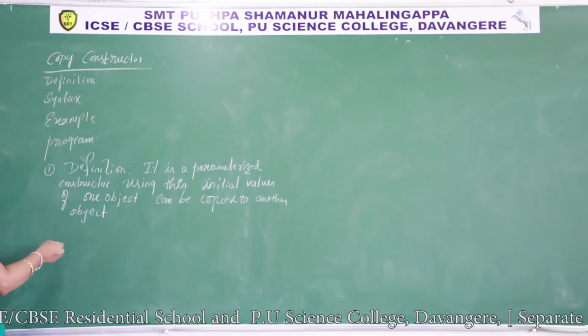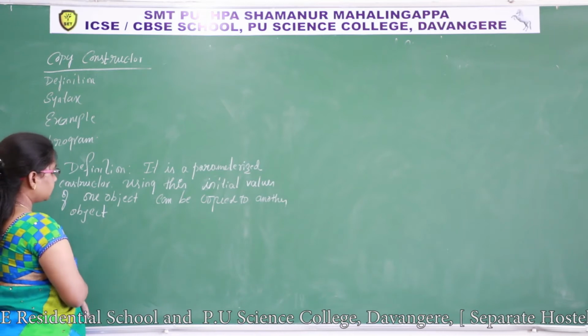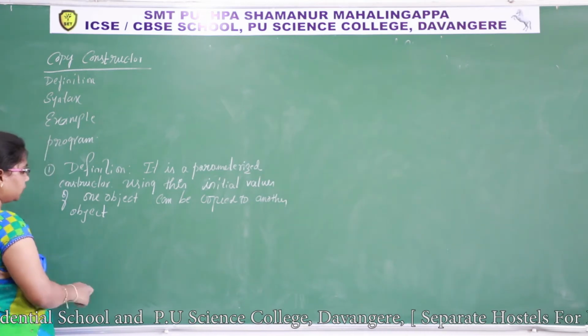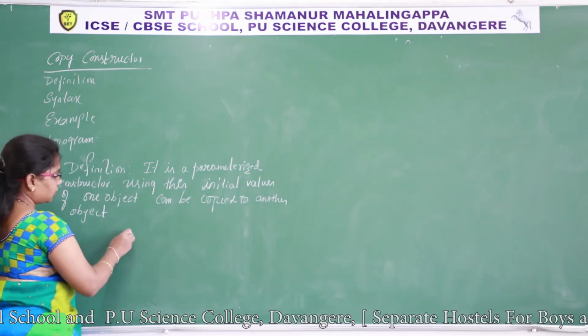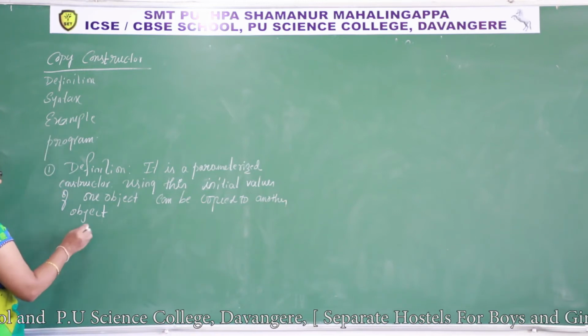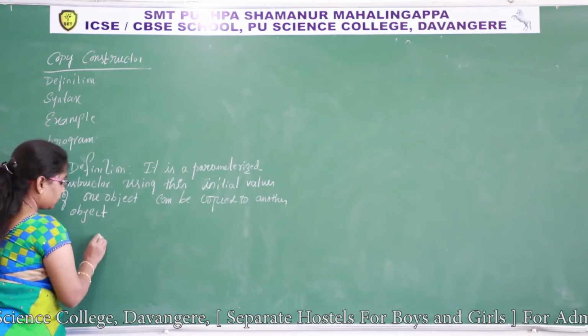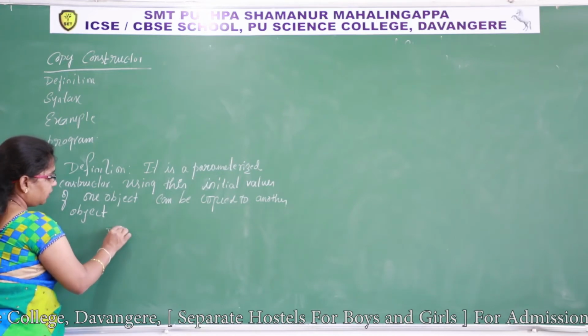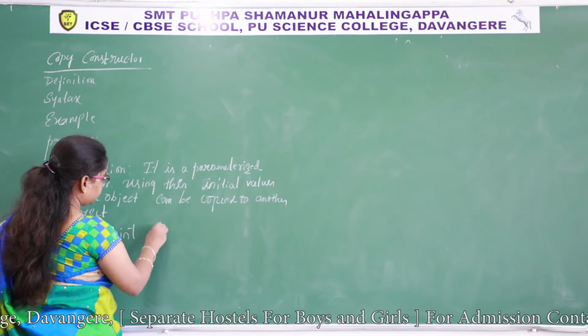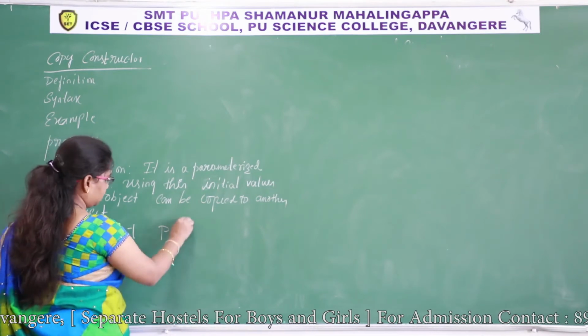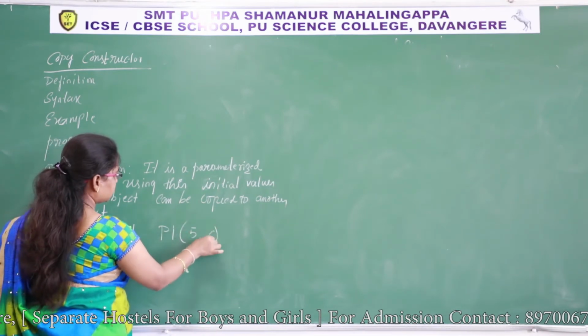How to write the copy constructor? How would the invoking of the copy constructor be? If it is a parameterized constructor, what is the syntax here? First I'll write an example so that you can easily write the syntax. If there is a class called Point, Point p1 and I have passed 5, 6.